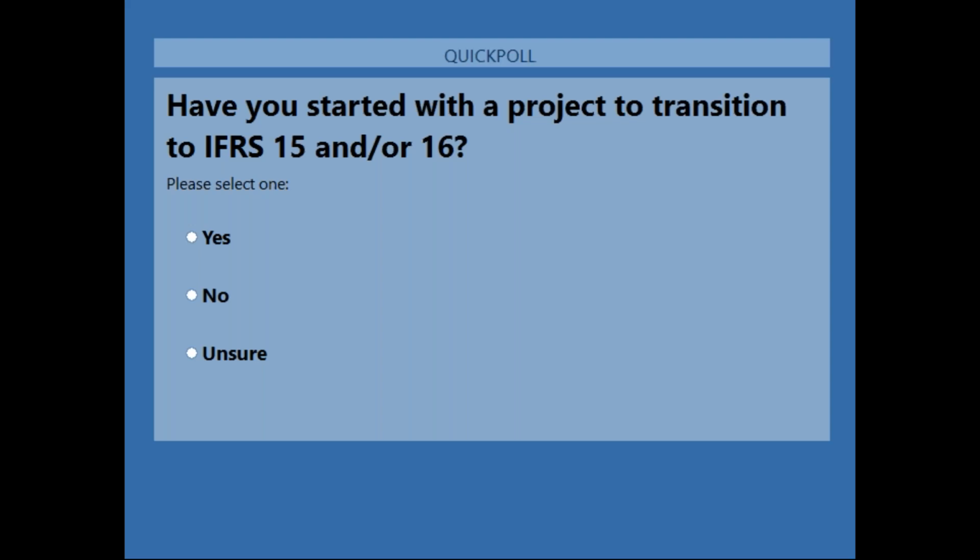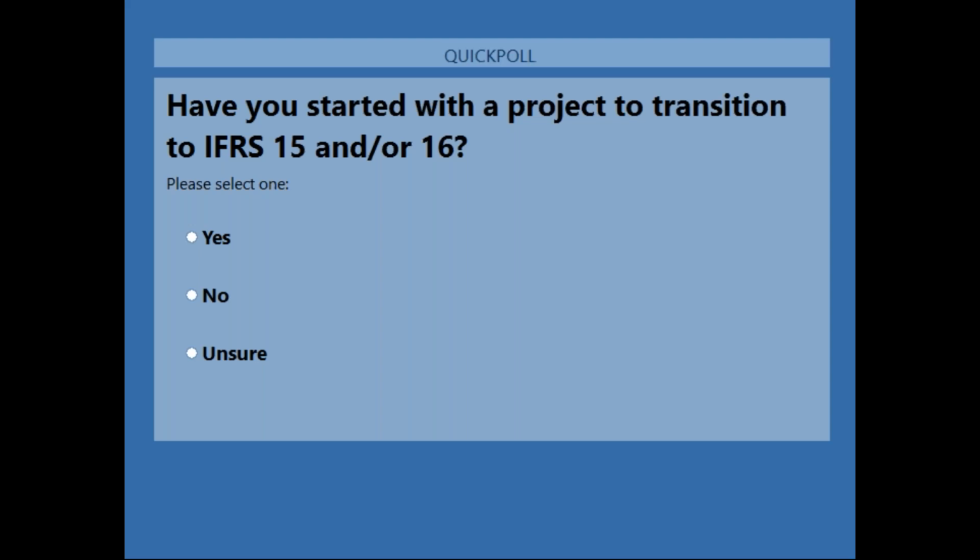So a lot of people doing a lot of work on IFRS 15. And also, amazingly, the one that most people are excited about is IFRS 16. Now, maybe excited is the wrong word, not excited as in looking forward to it, but excited in the context, we have a lot of work to do.